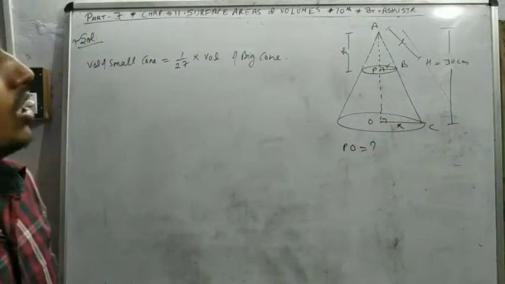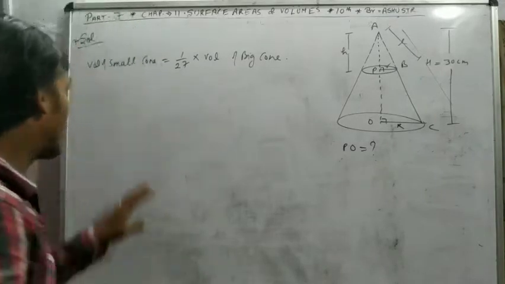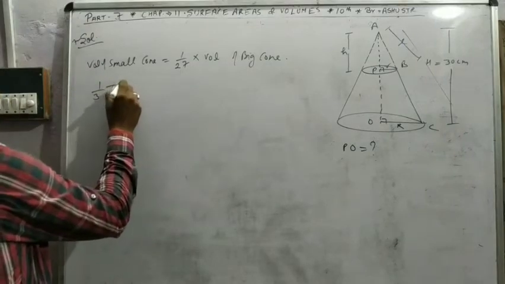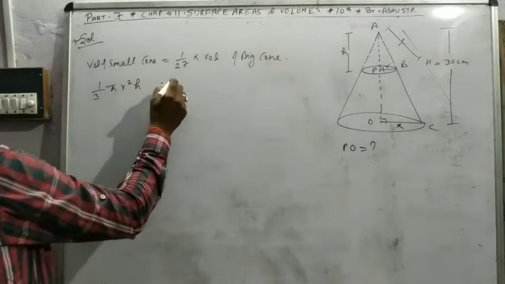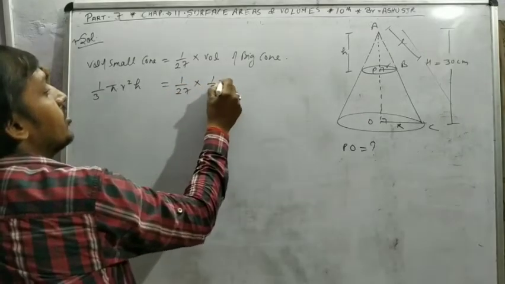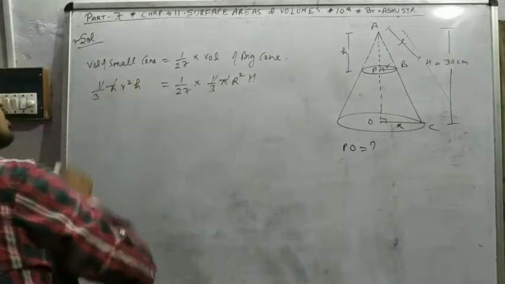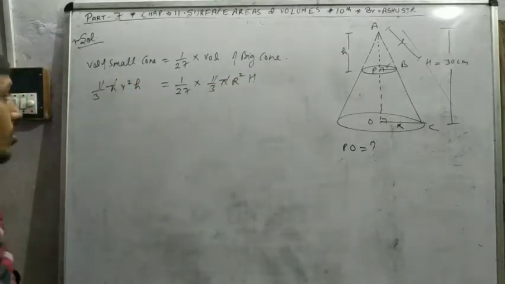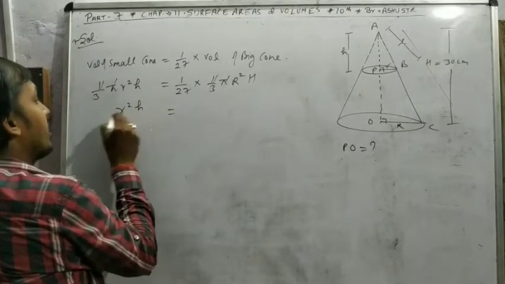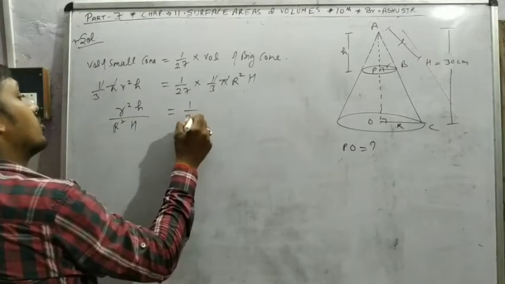So first we find the relation, because in this question if you put the values, the volume of the small cone is 1 by 3 pi r square h, and the big cone is 1 by 3 pi capital R square capital H. 1 by 3 pi cancels. So r square h by capital R square capital H is 1 by 27.